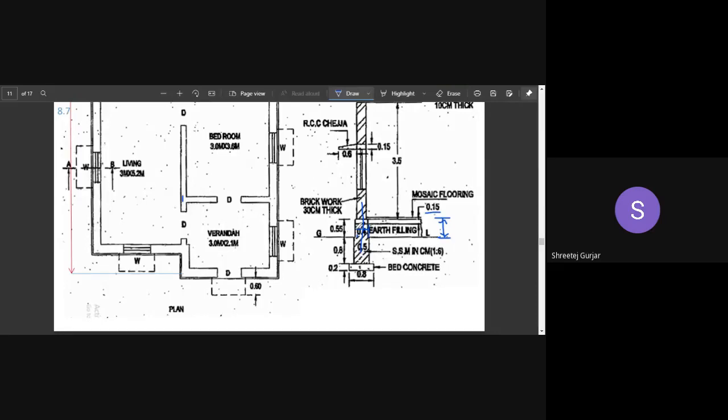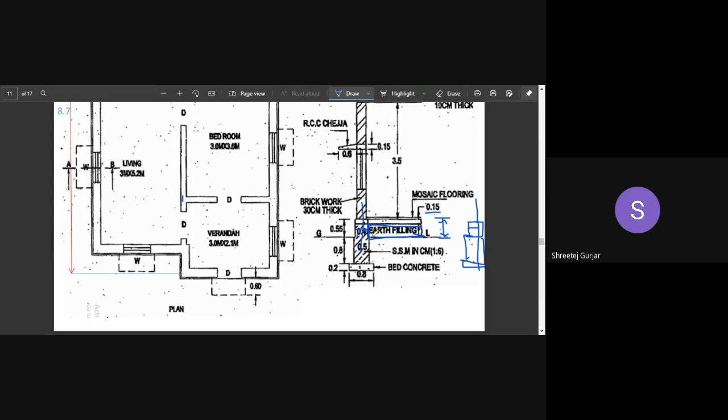This is half of 0.4, that is 0.2, and this is 0.2, and we have to calculate the earthwork in filling from here, going up to the end of your room, right? The one more section will be here, same as you have a foundation work here. So this is your center line. So I have to reduce 0.4 by 2 here, 0.4 by 2 here, okay?